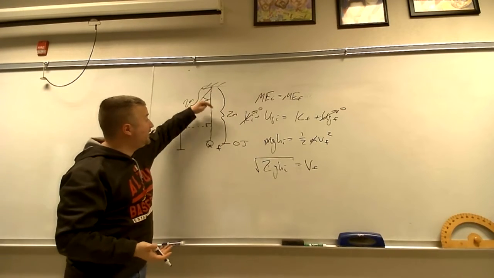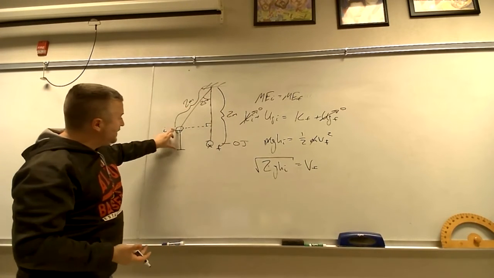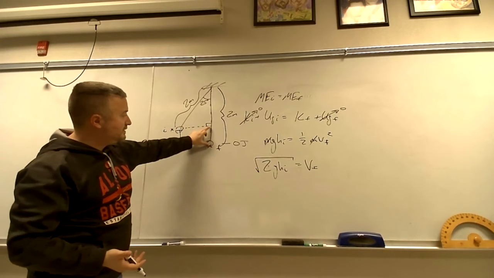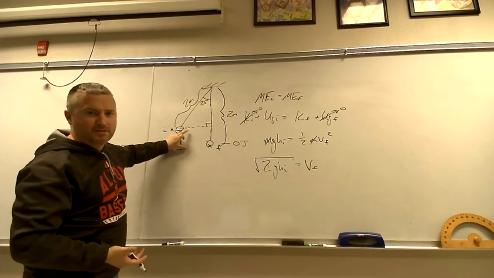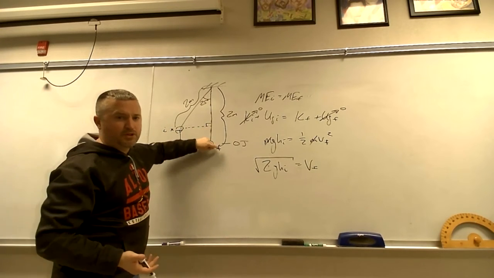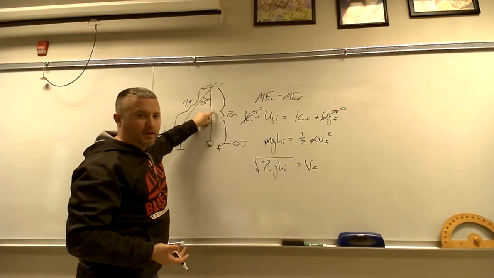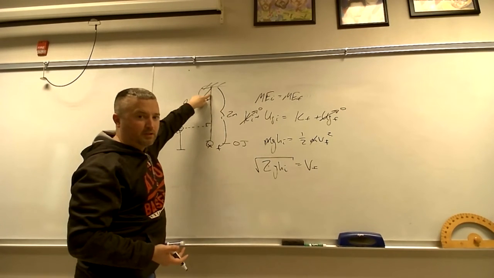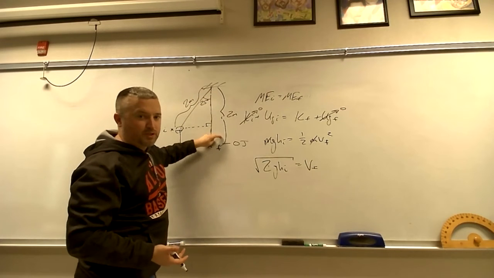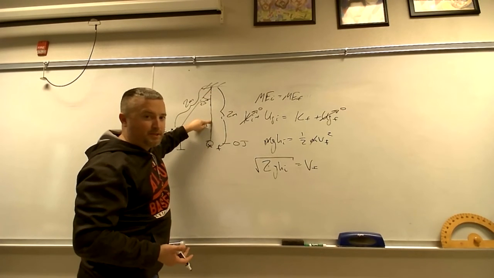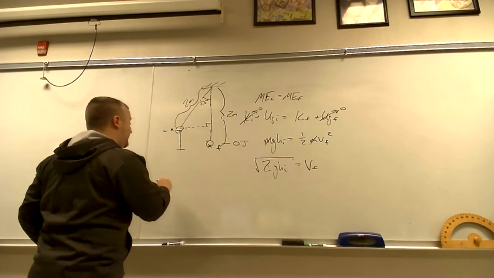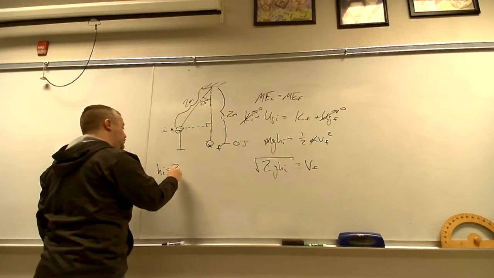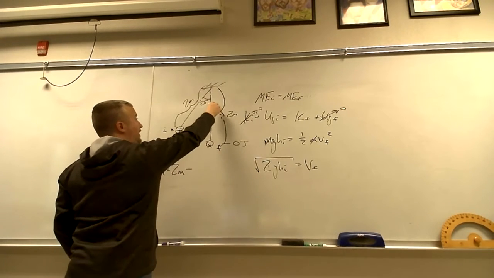Wait a minute, this distance here is the same as that distance. So if I know this whole thing is 2 meters, and I can get the side of the triangle from here to here, the height is going to be this 2 meters minus this piece right here. So my height initial is equal to 2 meters minus, how do I get this?